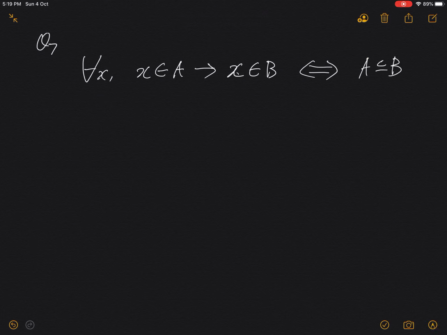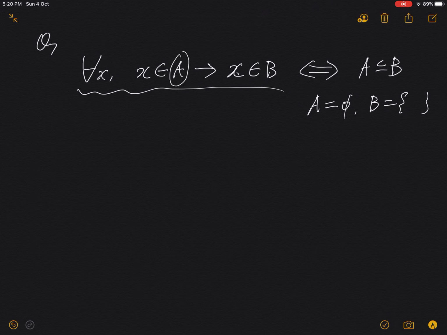Okay. So for this question, we need to show the empty set is a subset of any set. How about we just make A an empty set and B any set. Let's look at the left hand side. If A is an empty set and x is in A, this statement is always false.